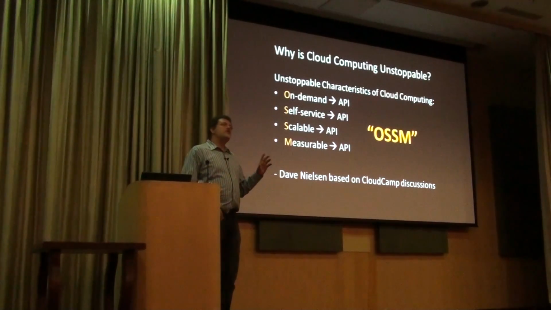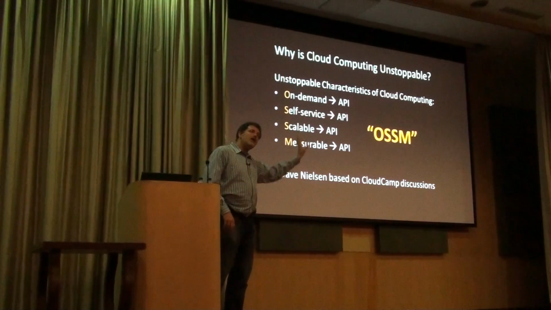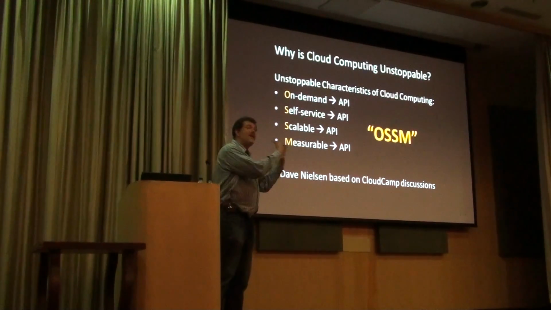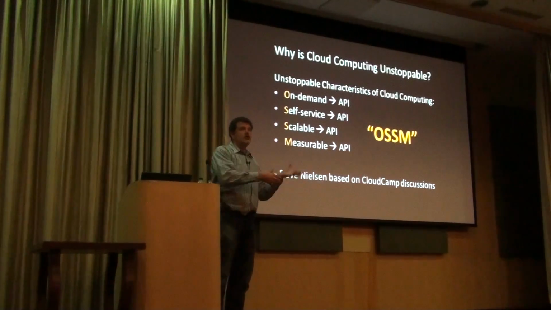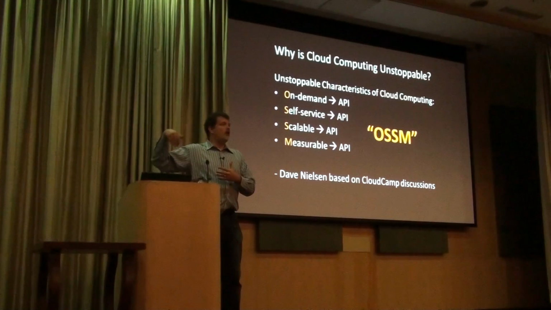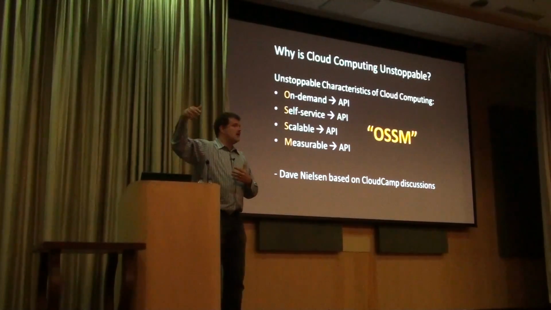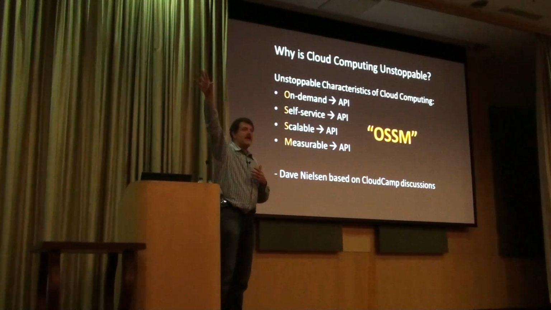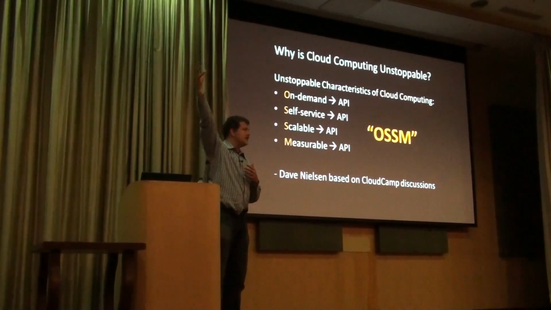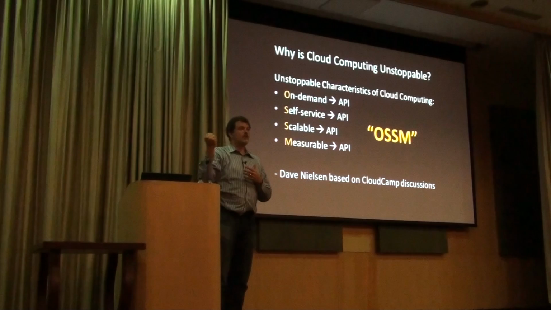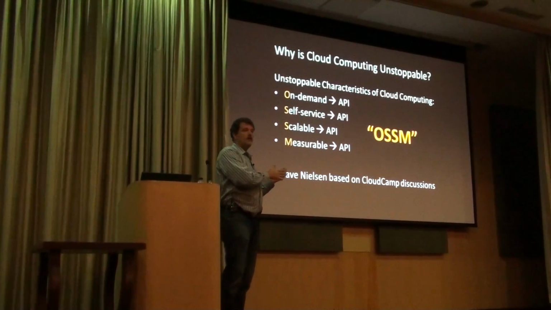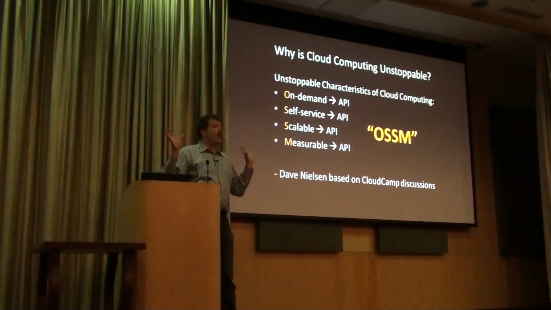Also, if you put an API in front of each one of these concepts, then not only can you remove your vendor from being a hurdle, you can remove yourself from being a hurdle. Because a business process that all of a sudden needs a cloud service can automatically go and create an account, start using the service, scale it up and use it, get some information back to tell you did it work, and then maybe even turn the service off and continue going on, all without a human being having to be involved.